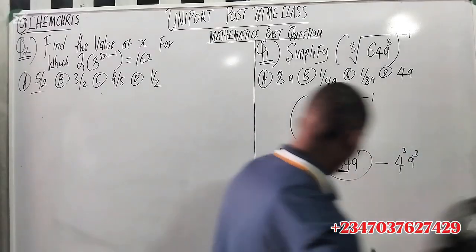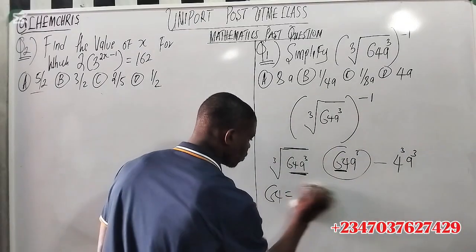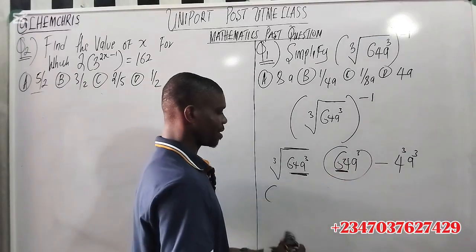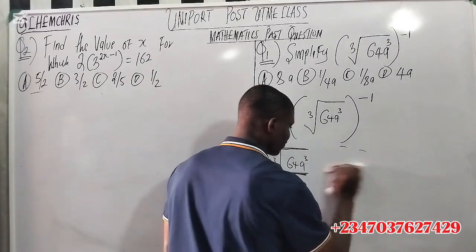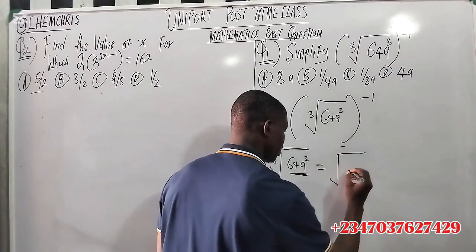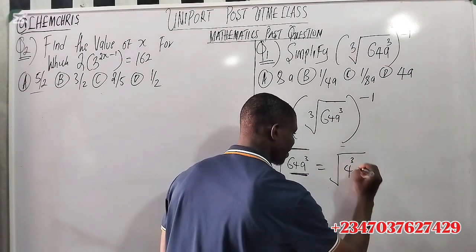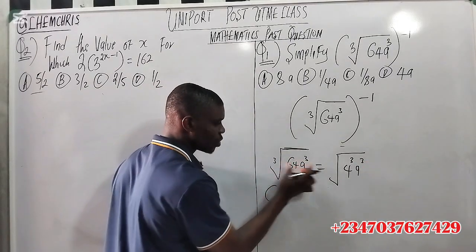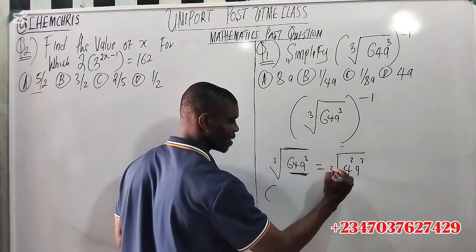Knowing fully well that 64 is also 4 raised to power 3, you can write it like this: 4 raised to power 3 times a raised to power 3. So I've written this one as this one here. You remember here is 3.